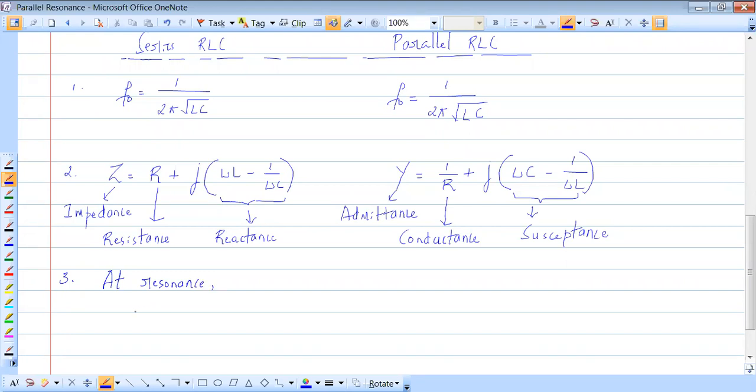What was the reactance equal to at resonance? The reactance omega L minus 1 by omega C, at resonance, since we take this as omega naught, what is this equal to? 0. The reactance is equal to 0. I can make that statement.